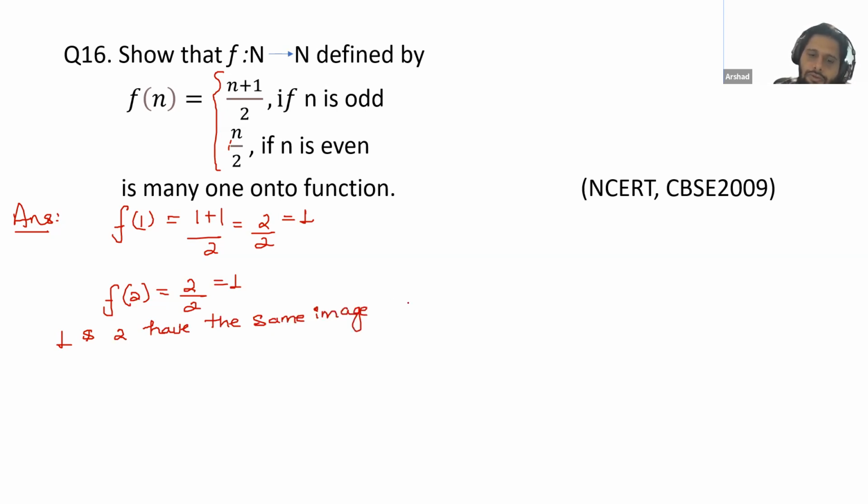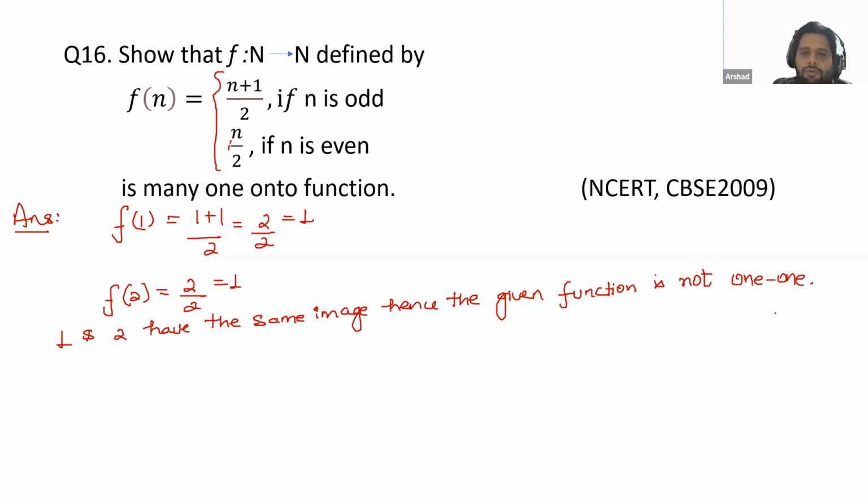Hence the given function is not 1 1. Okay, so I hope this point is clear to everyone because two elements have the same image. That's why we will say that this is not 1 1.